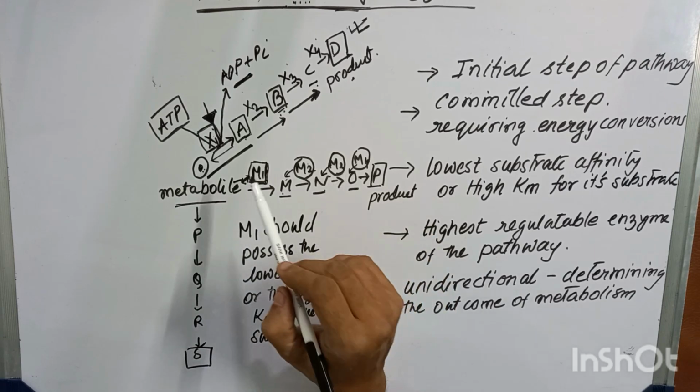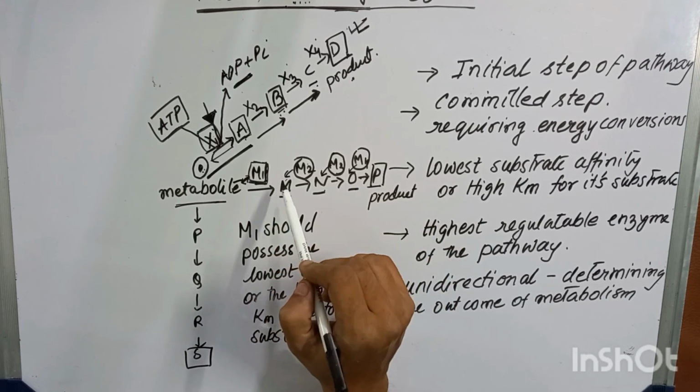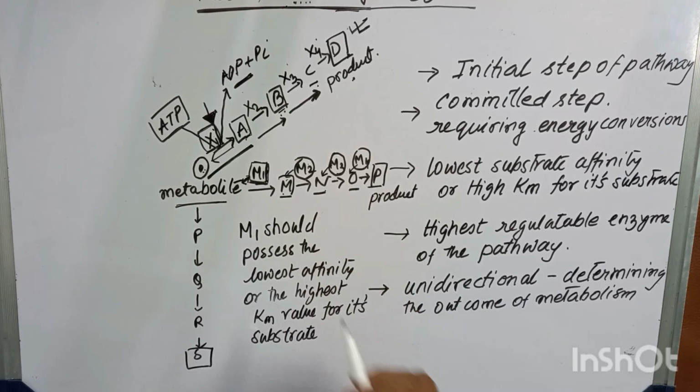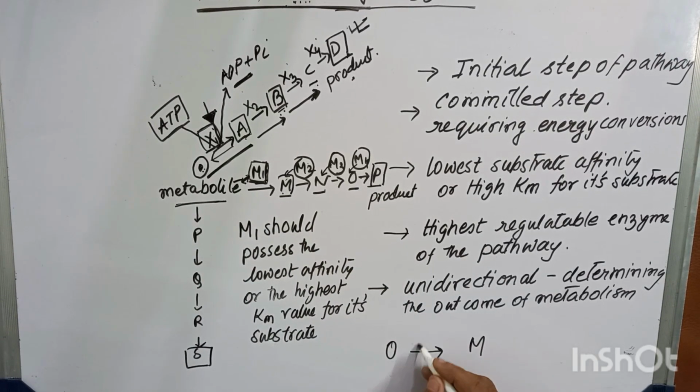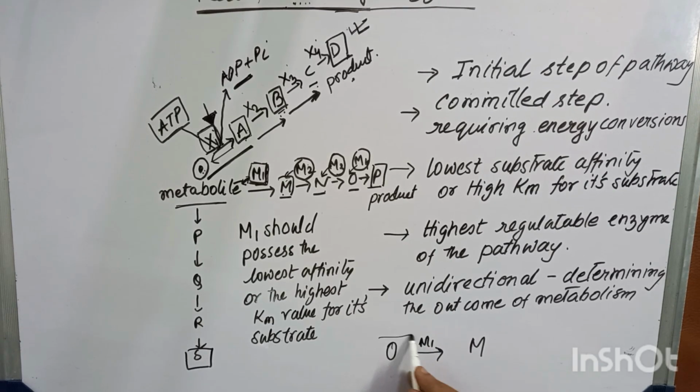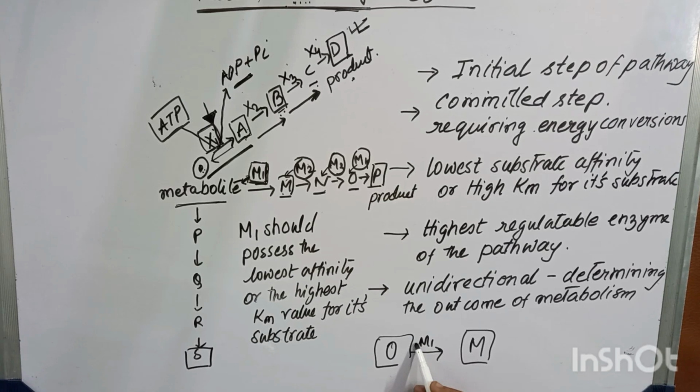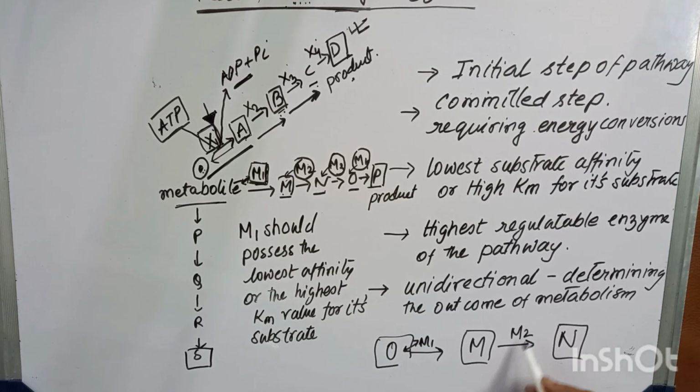Say O to M happens with M1, and M to N happens with M2.